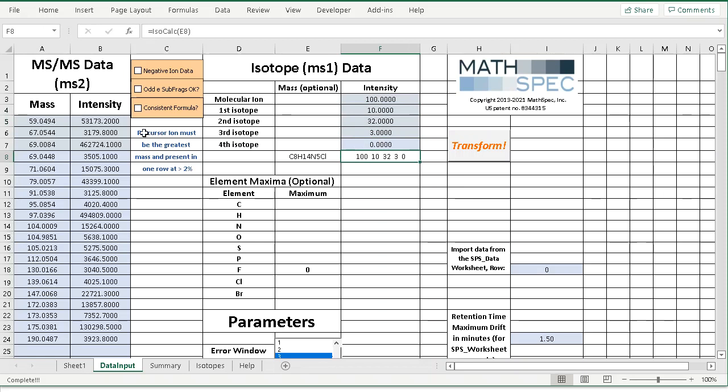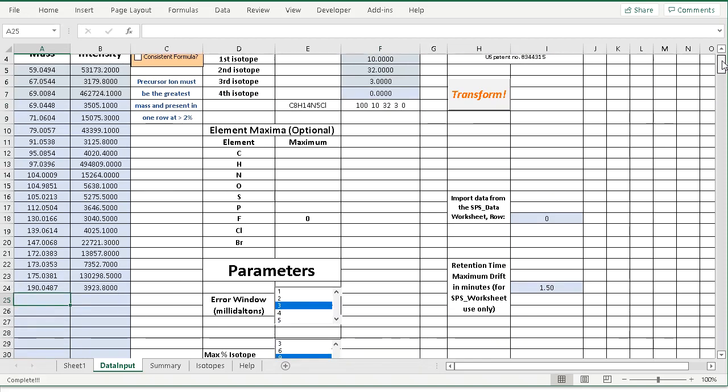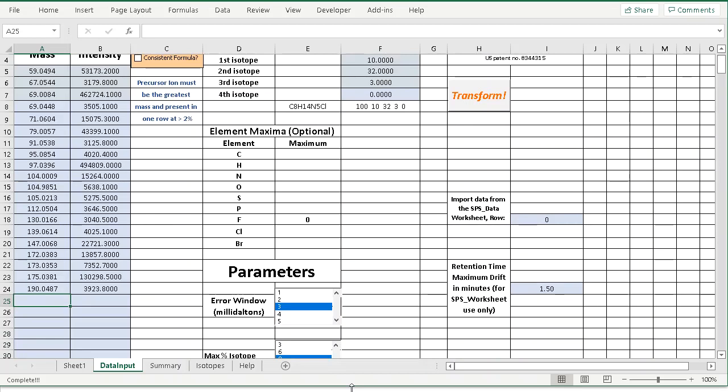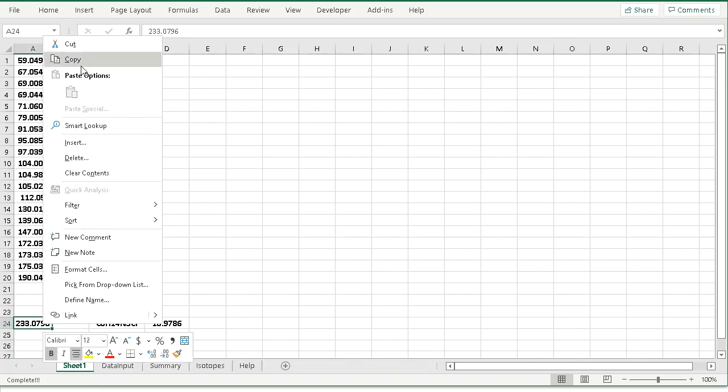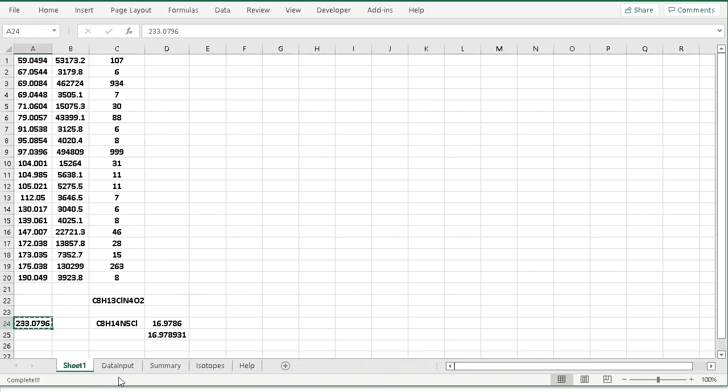And we also need to have the precursor ion in the set of data that we're analyzing. In this case, the precursor did not survive the fragmentation energy that was used. So again, it's not really a big problem because we can copy the precursor mass.